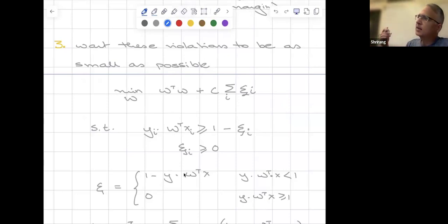If it is outside the margin, then I set it to 0. If it is inside the margin, it is 1 minus W transpose X. And I take the maximum of these two, so it's either 0 or the other one.